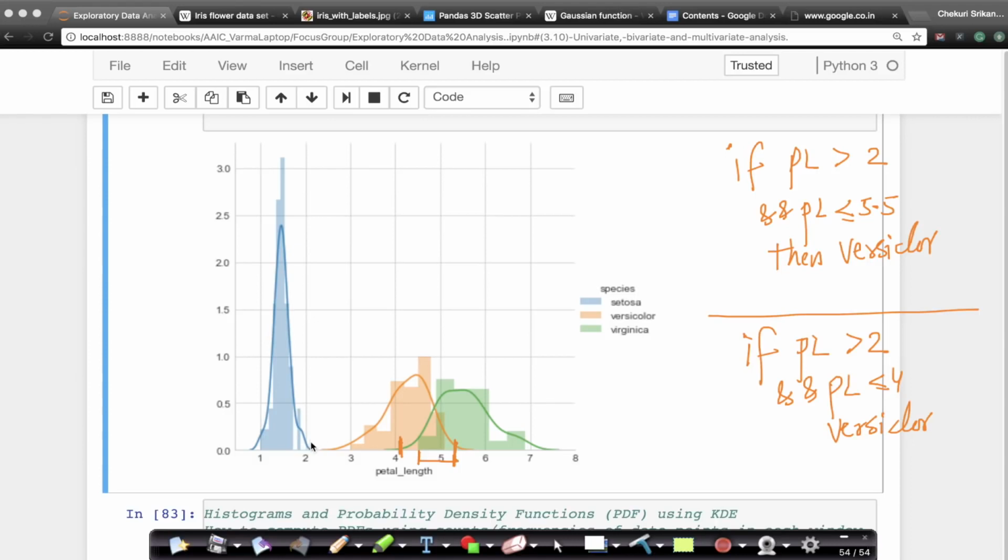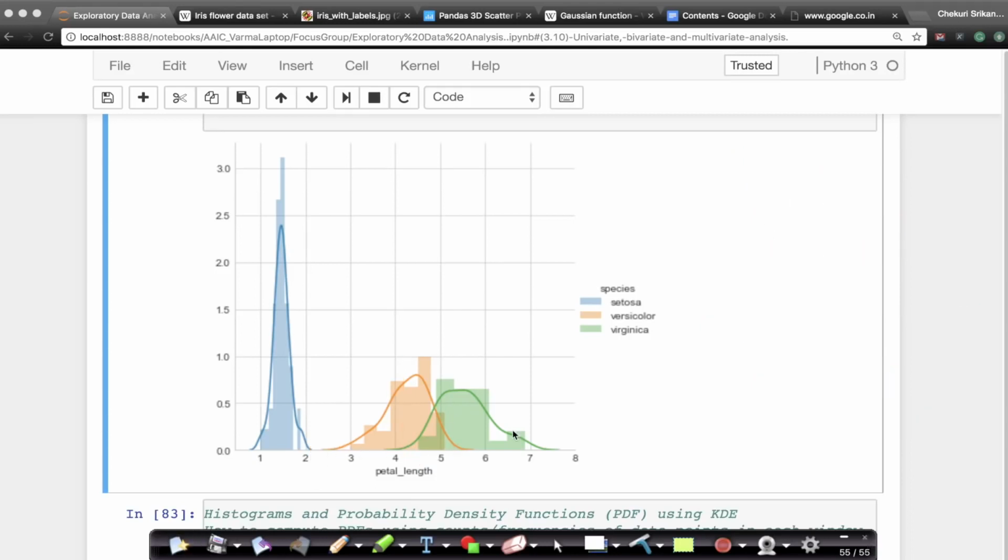I know that beyond 2 there is no setosa, so there has to be only versicolor or virginica. Now I'm saying anything in this region is versicolor. But that's wrong, because there are a lot of versicolor points even beyond 4. So by setting thresholds here, I have to make a mistake. I can't get rid of it.